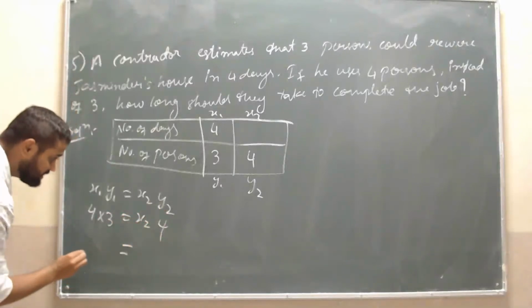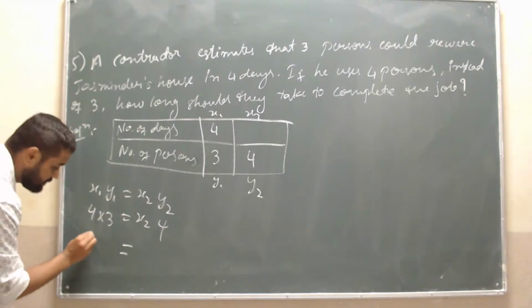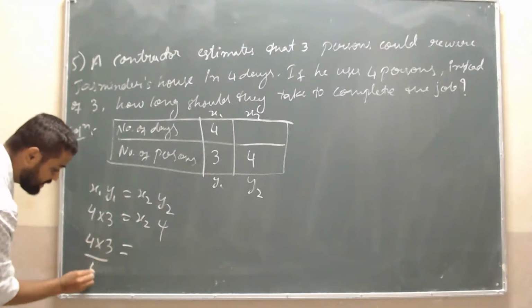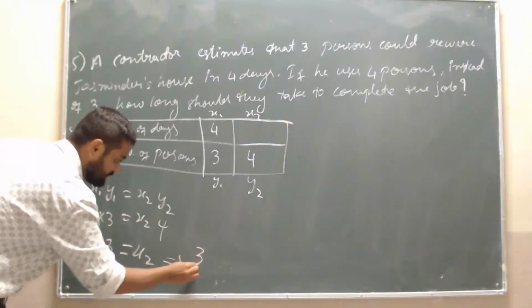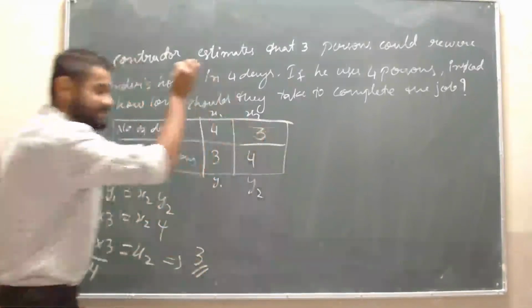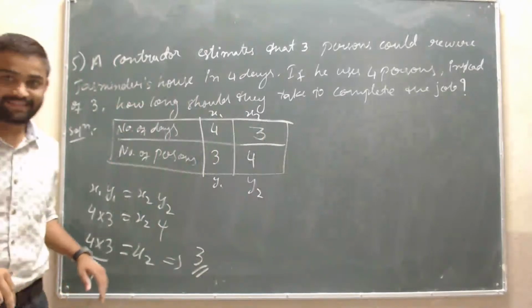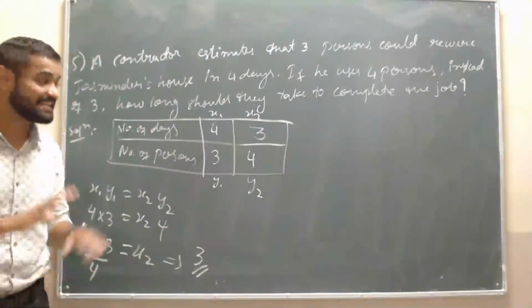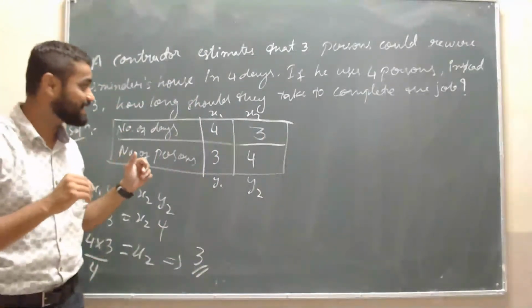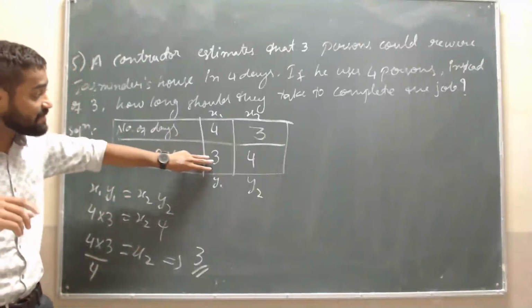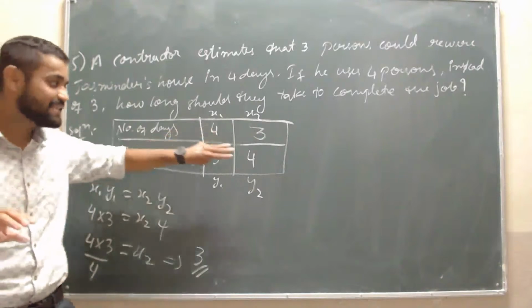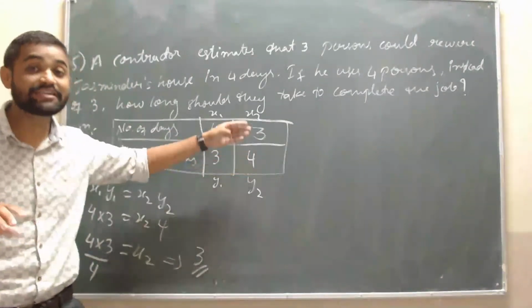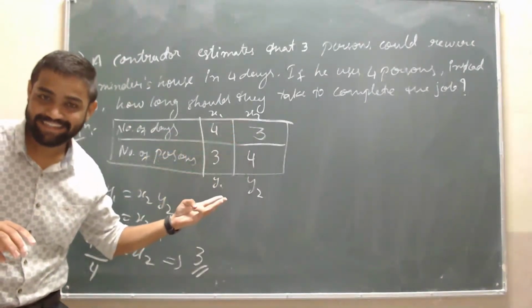So 4 into 3 by 4 is equal to X2. That is, the value is 3 days. Simple question and a tricky one. If 3 persons complete the work in 4 days, then 4 members will complete the work in 3 days.